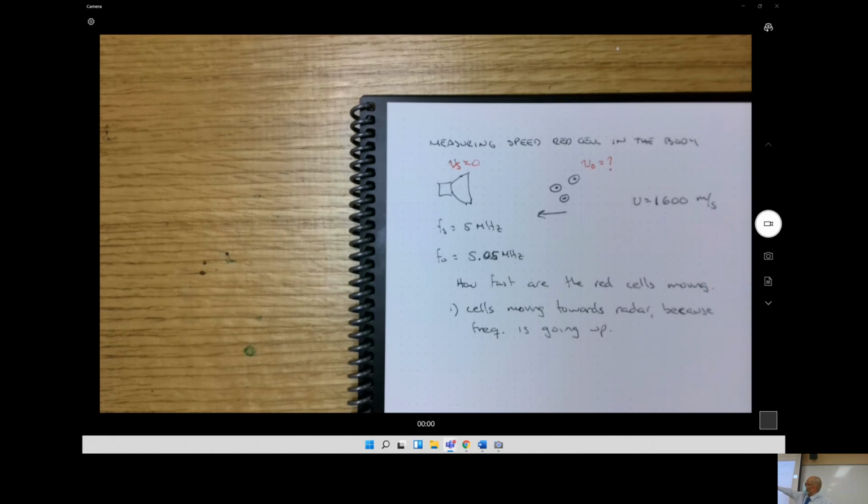Yeah, Gary, so that 5.05, that's the wave bouncing off the cells and coming back. Okay.